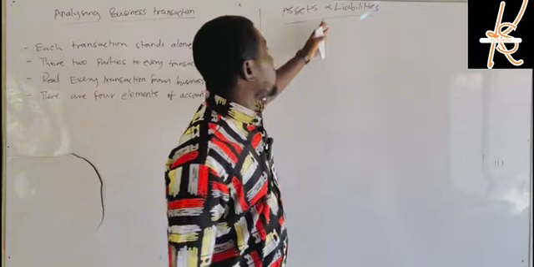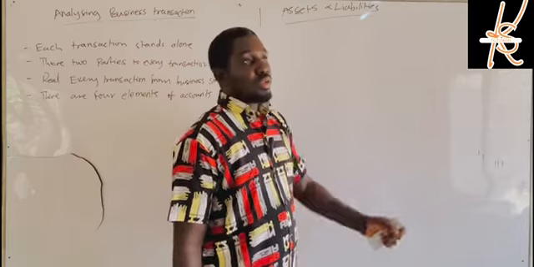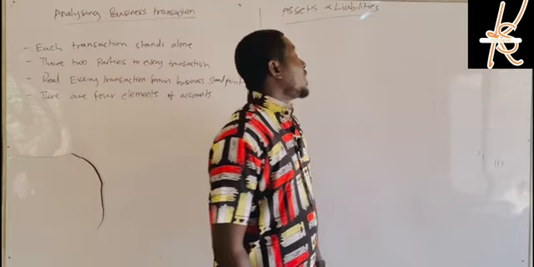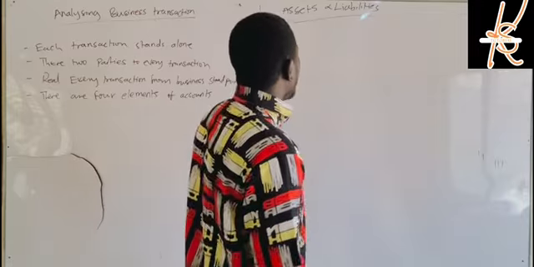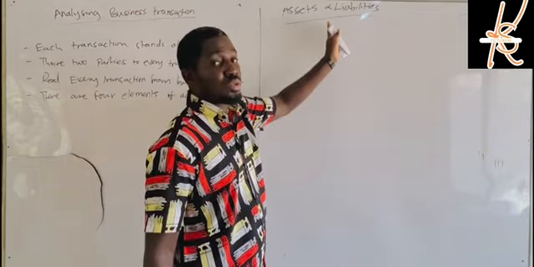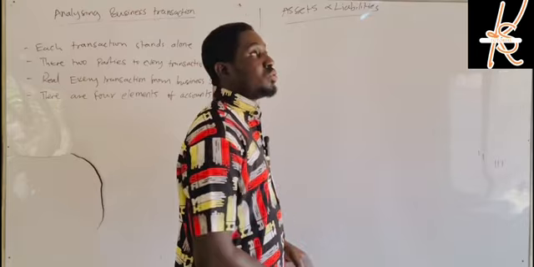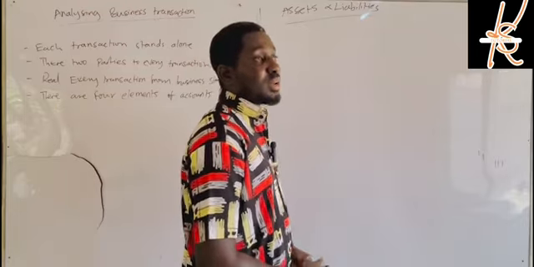So today we are focusing on assets and liabilities. Then we know the definition of assets and liability. Now, before we analyze business transactions with respect to assets and liabilities, we need to know some basic steps that we have to follow.